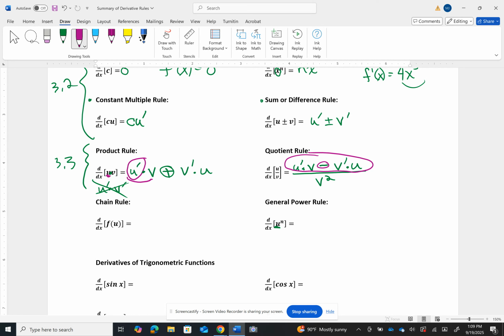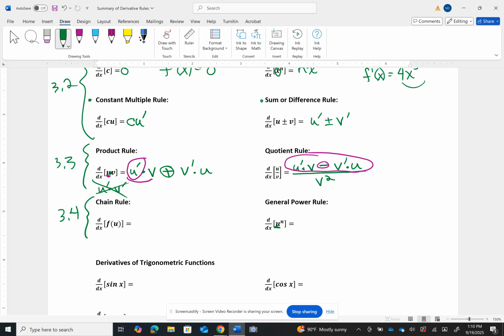All right, now, the chain rule comes into play. You need that when you have a situation where two functions have been composed. Okay? And so when you're doing that, you're going to need to do the derivative of what we could call the outside function. And we'll talk more about this. Chain rule is what 3.4 is all about. Okay?